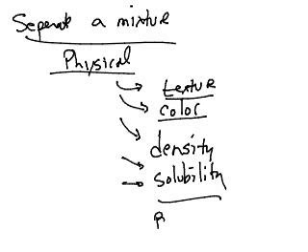Other things like boiling point. If I have a mixture of two different liquids, and one has a high boiling point and one has a low boiling point, if I heat it up, what's going to boil first? The low boiling point chemical, right?